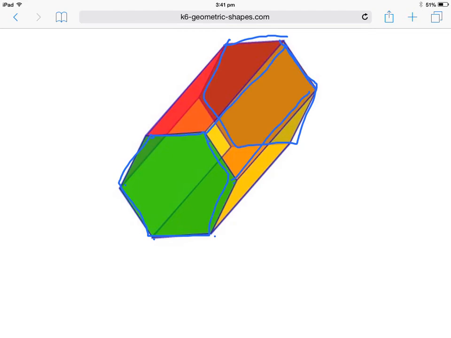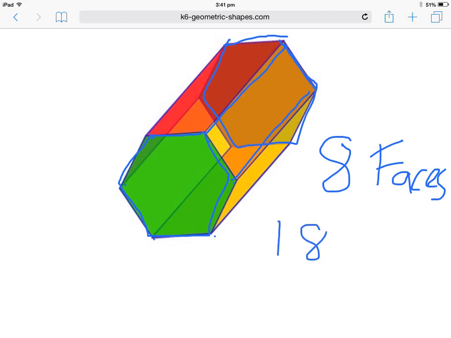It is a hexagonal prism. It has 8 faces and it has 18 edges. Can you count them and see if I'm right?